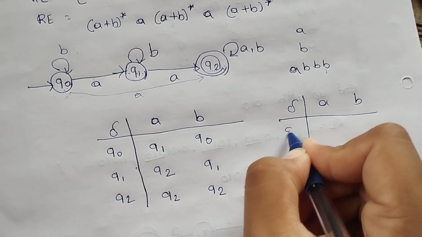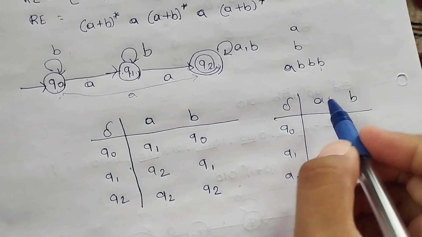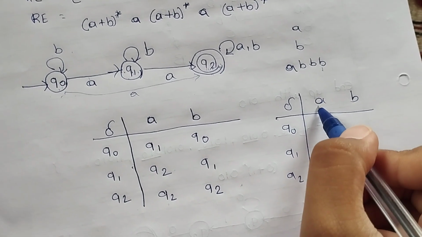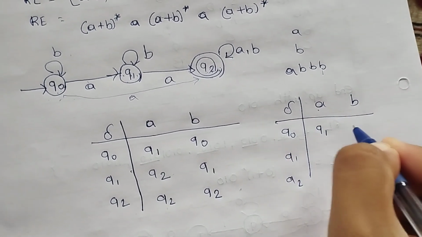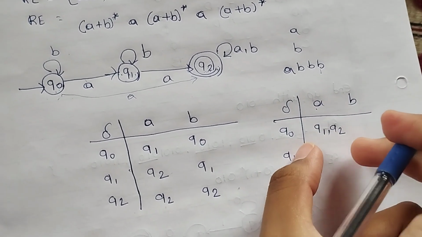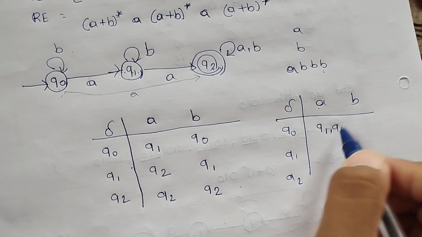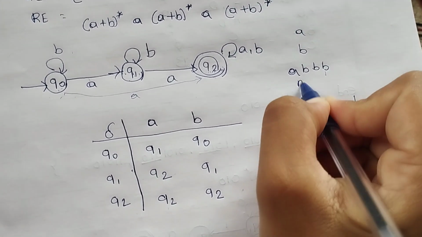Then we can check from this table Q1 and Q2. When we see where A goes, it goes to Q1 and also Q2. So this is not a DFA. At a time A is visited to Q1 and Q2 both. So this is the NFA.